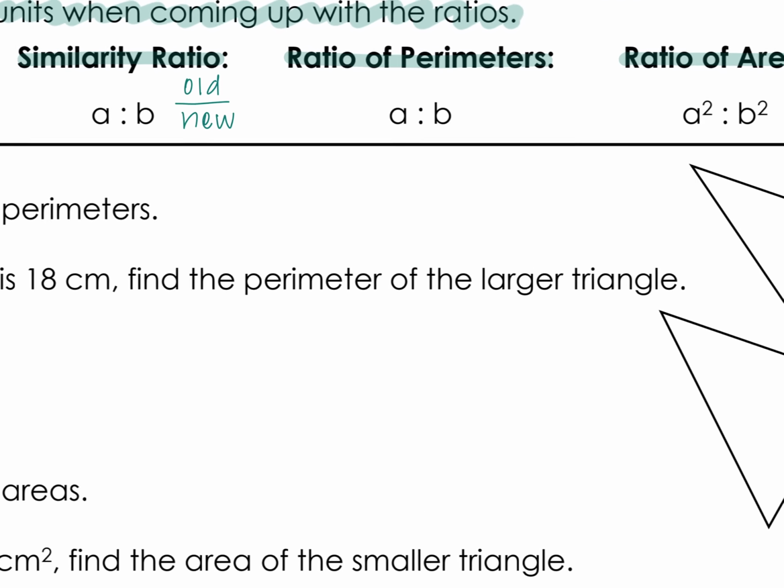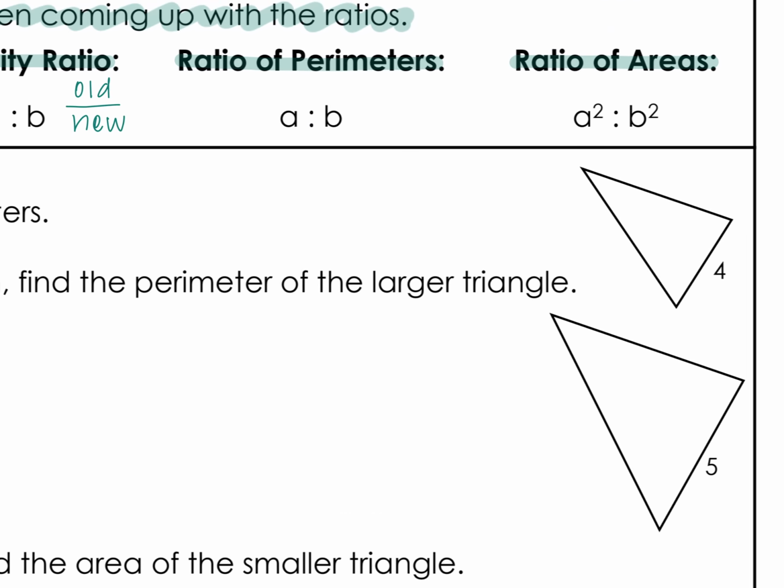So when I look over here and I see that I have a side length of 4 in my small triangle and a side length of 5 in my big triangle, I'm unable to figure out my perimeter, because perimeter would need me to add up all of my sides, and I don't know that all of my sides are equal.